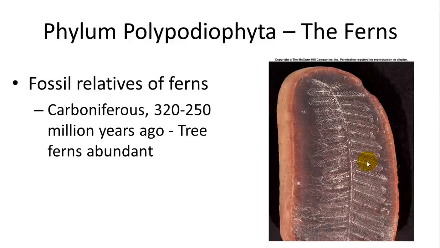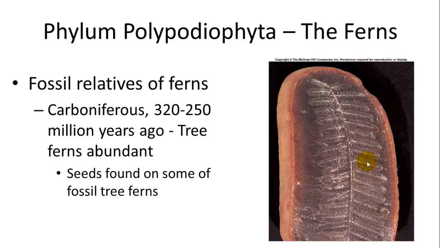There are also some found in the Carboniferous age from 320 to 250 million years ago, and this is when tree ferns, so some larger ferns, were more abundant before they got replaced basically by seed-bearing plants. In some of the fossil tree ferns, however, you do find some seeds. So there is some evidence that they gave rise then to seed-bearing plants.